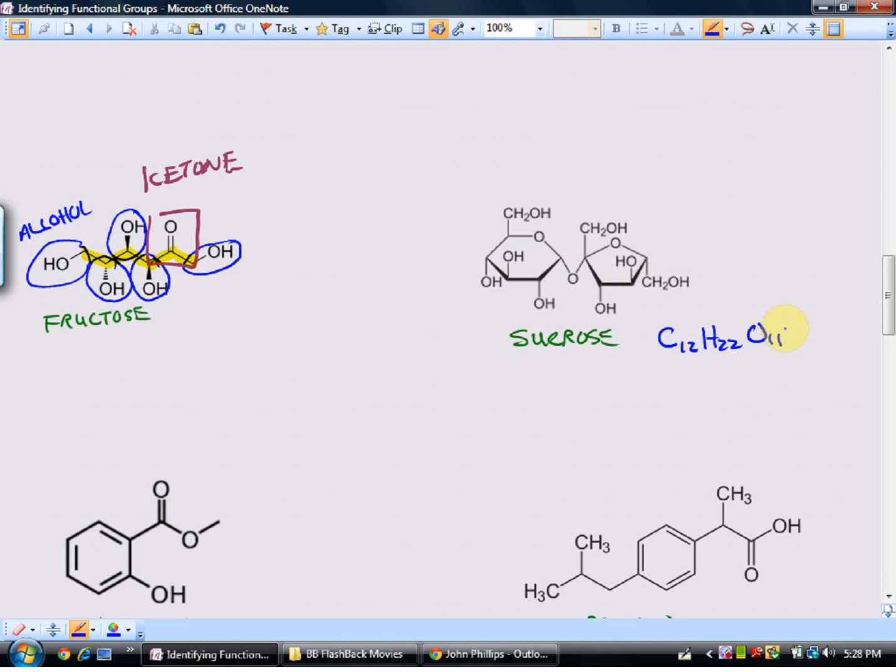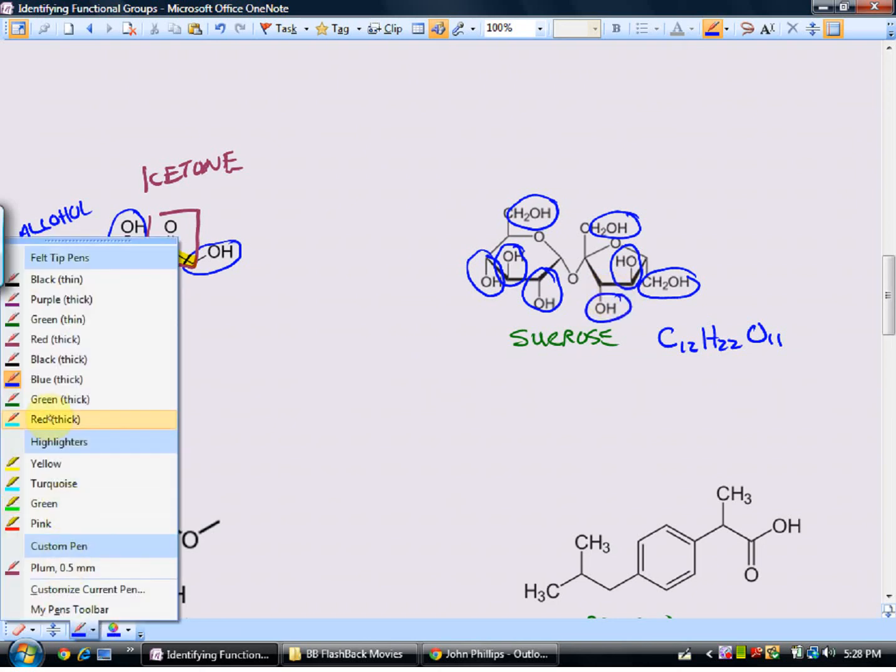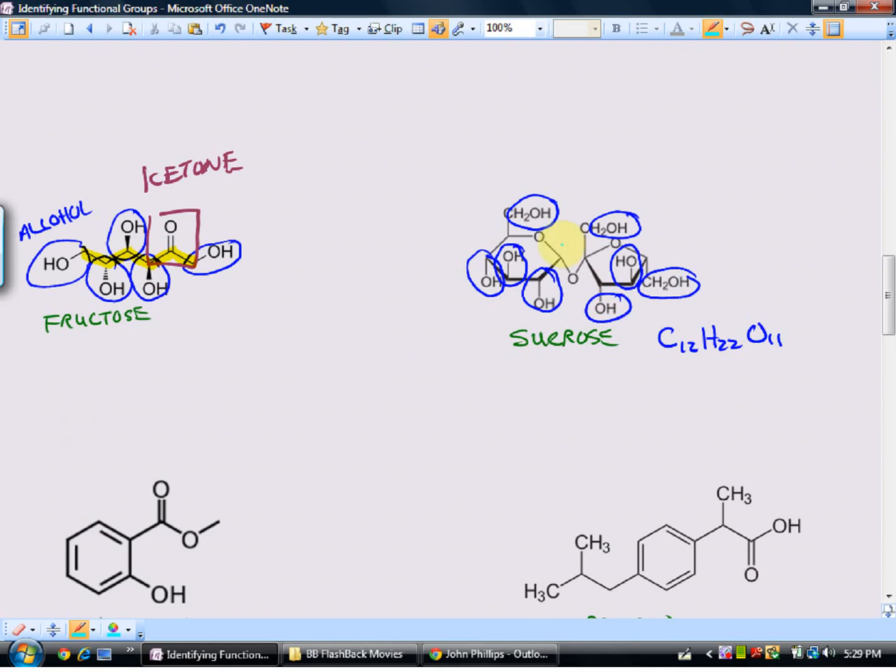What do we see in sucrose? Again, lots of what? Lots of alcohol functional groups. These are all alcohols. Notice the OH, carbon connected to oxygen connected to hydrogen. So lots of alcohol groups. And then do you see the other functional group? The other functional group is this one. Carbon connected to oxygen connected to carbon.